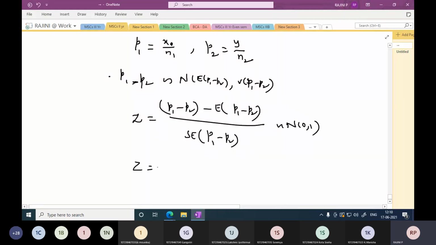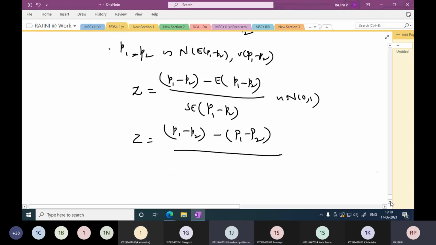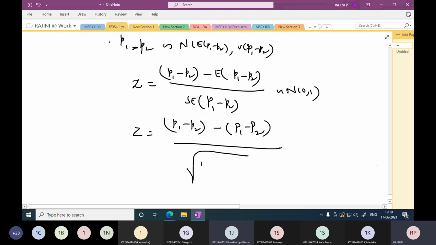P1 minus p2 minus the expectation is capital P1 minus capital P2, divided by the standard error of p1 minus p2, which is under root PQ into 1 by n1 plus 1 by n2, which follows normal 0, 1.